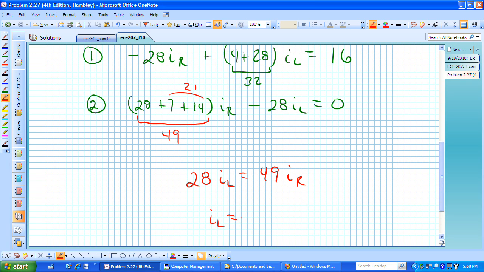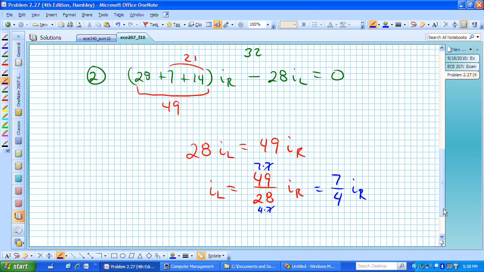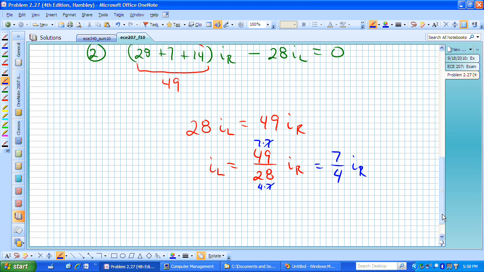I sub L is now 49 over 28 I sub R. This is 7 times 7 and 4 times 7. One of those 7's cancels, and I'm left with 7 over 4 I sub R for I sub L. Or I sub L is 7/4, almost twice the current in the right mesh.